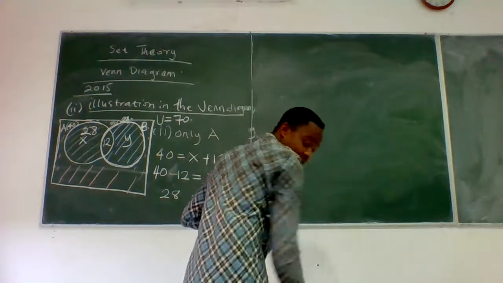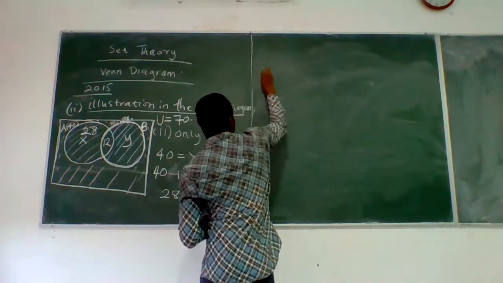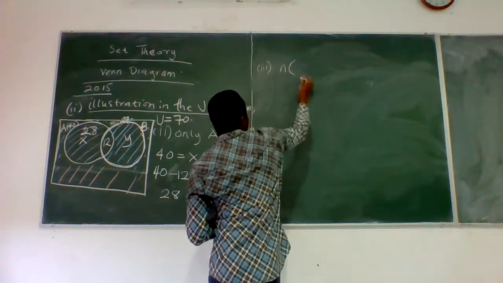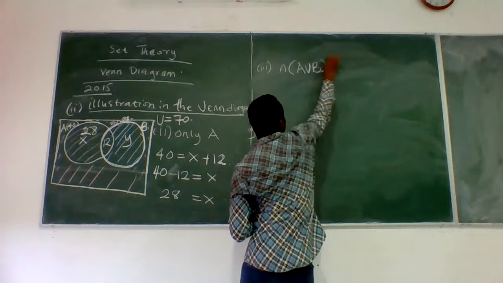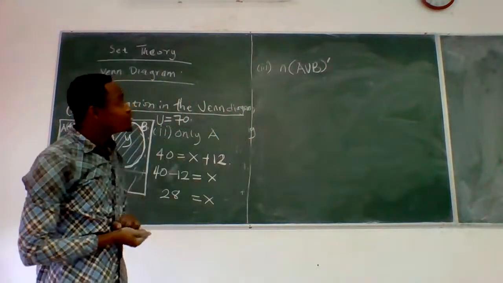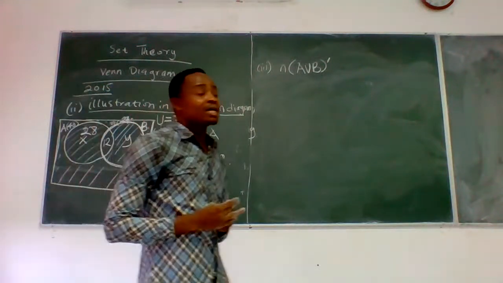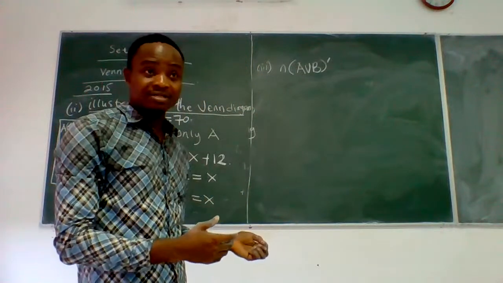So how would that be? Mathematically, we write it as this. The number of students who do not belong to any of the societies is the same as (A union B) complement. And complement in set theory is the same as subtraction, right?